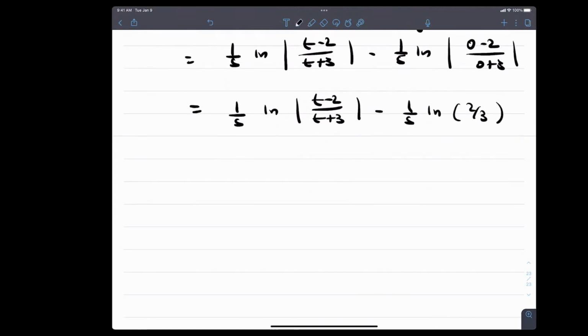So you're going to now have to take this limit. And this is just going to be a constant.